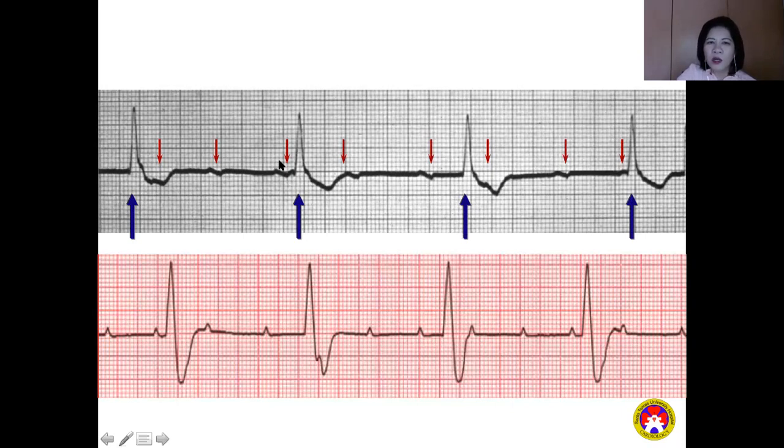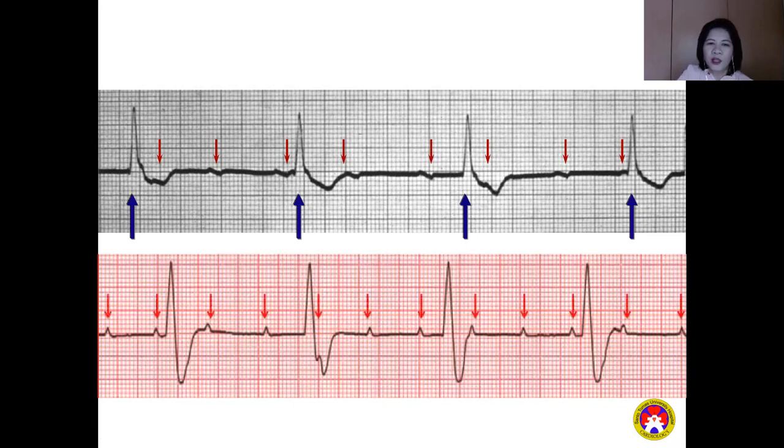We see regularly occurring P waves. You see more of the P than the QRS complex, and none of the P is related to the QRS complex. So this is complete heart block. But you notice the QRS is narrow, meaning that this came from above the bifurcation, or suprahisian.